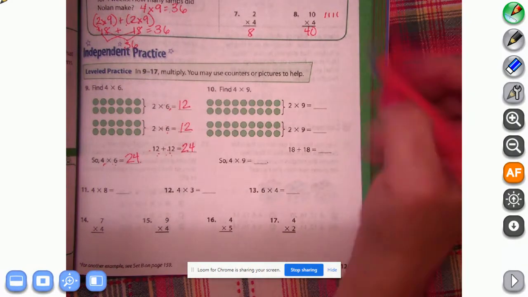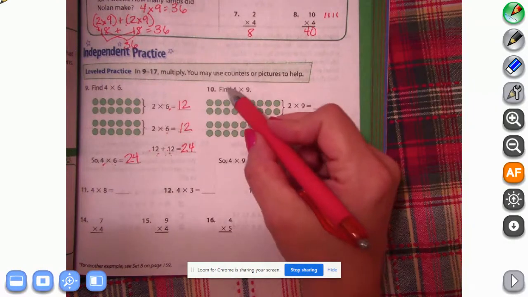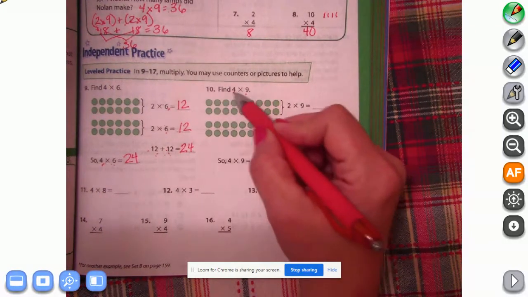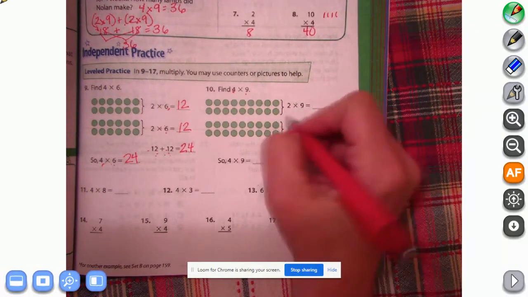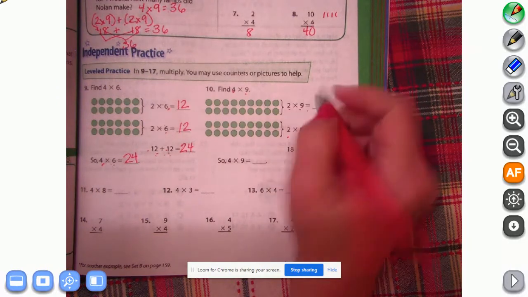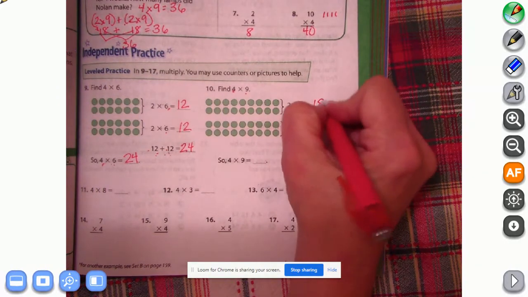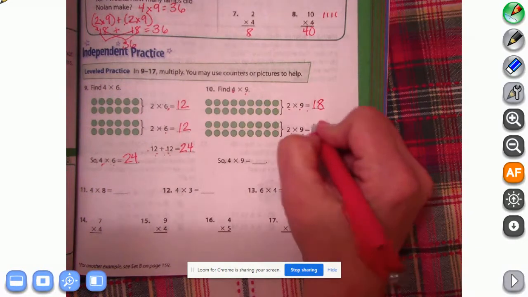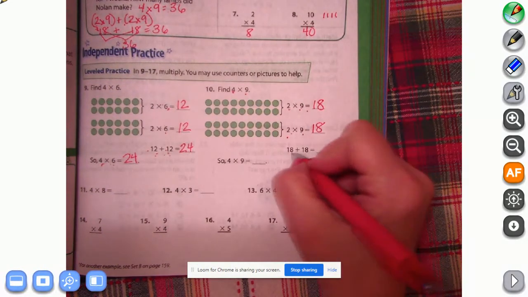Number 10, find 4 times 9. We're going to make a double-double. So we're going to do the 2's again. We're breaking up the 4 into 2's because it'll be an easier one. So 2 times 9 is the same as 9 plus 9, which equals 18. 2 times 9, 18. 18 plus 18.